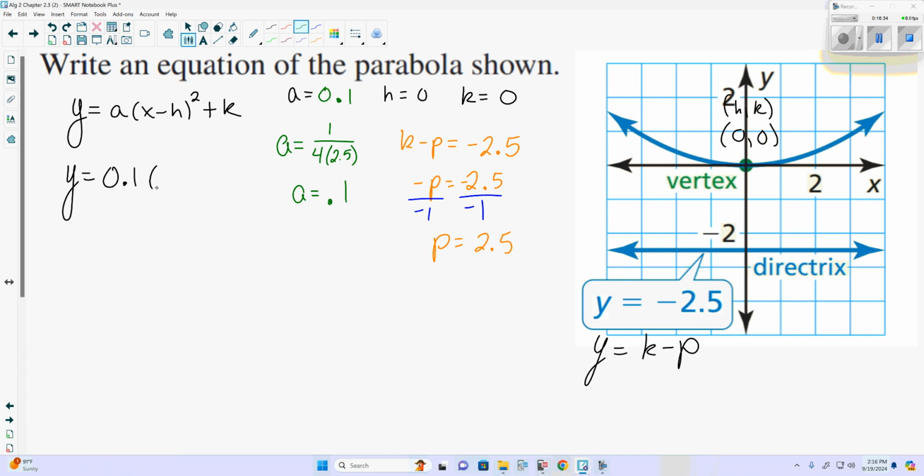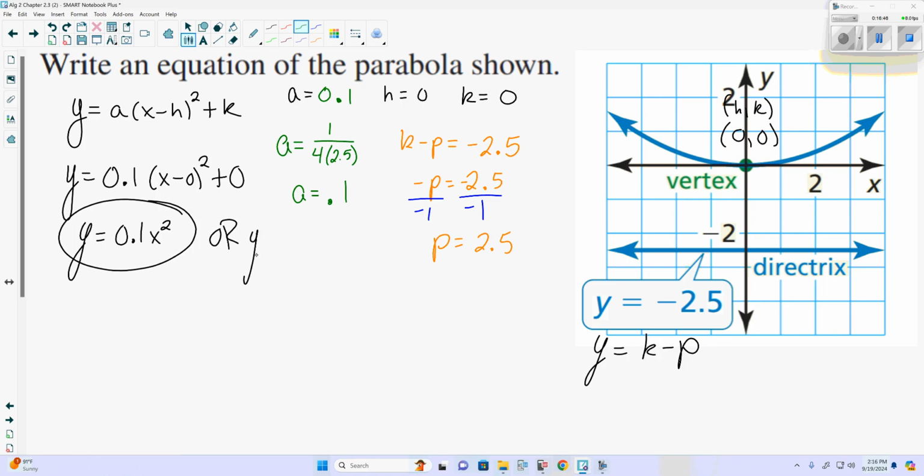Well, we have 0.1 times x minus 0 squared plus 0, or y is just equal to 0.1x squared. 1/10, 0.1 are the same thing. So if we wrote it in fractional form, it'd be 1/10 x squared, decimal 0.1x squared. Questions on this here?